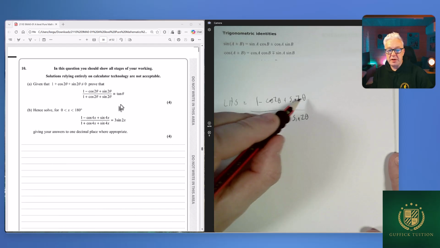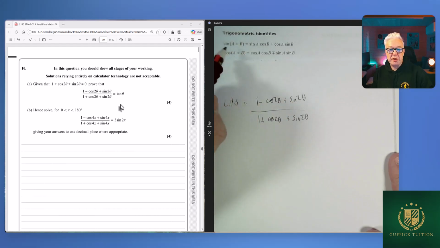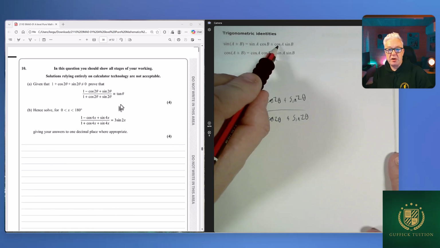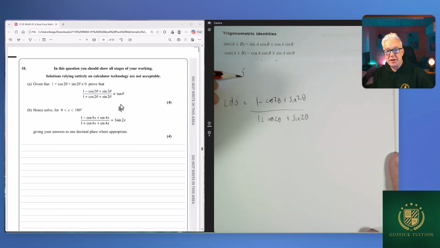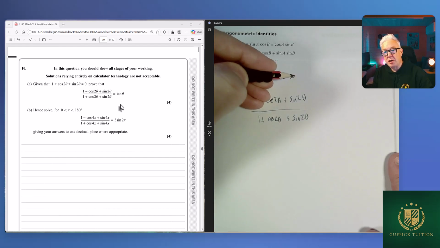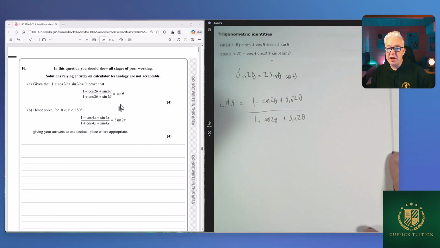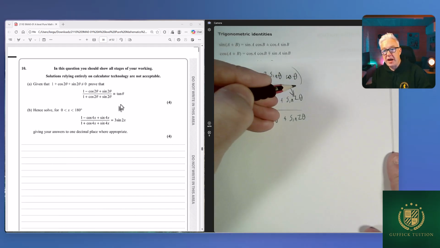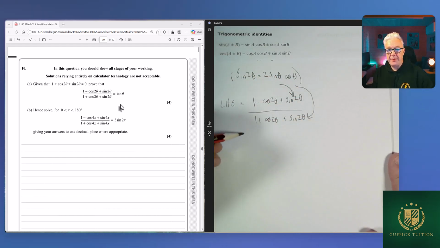Sine 2 theta, there's no option. Sine 2 theta is just going to be sine theta cos theta add cos theta sine theta, so sine 2 theta is equal to 2 lots of sine theta cos theta. That result is going to get put in there, and that result is going to get put in there.